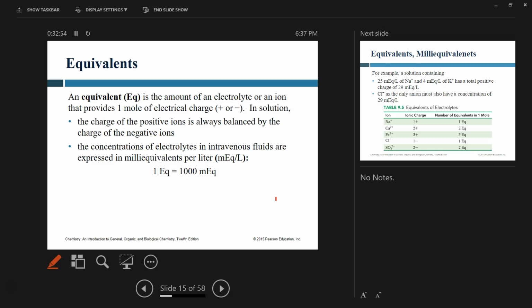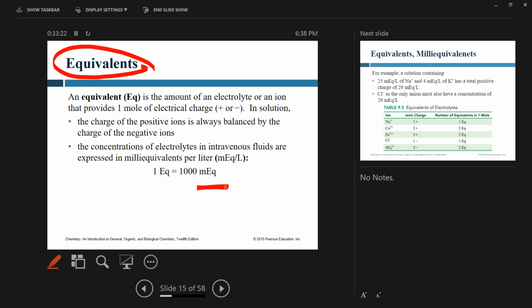Now, when you read the blood work of a patient, often the concentrations of ions are expressed not in the concentration units, which we're going to be talking about, but in equivalents, or more frequently, milliequivalents.